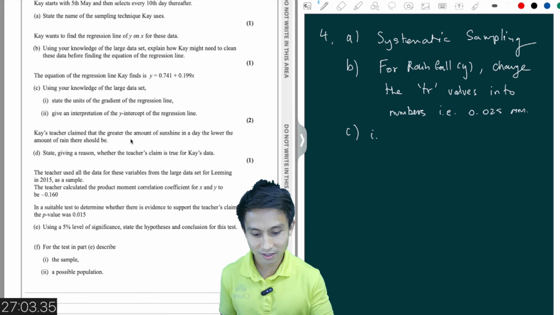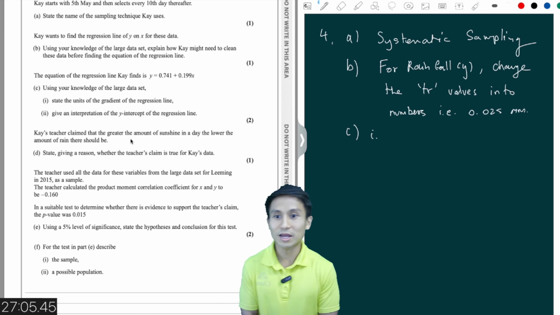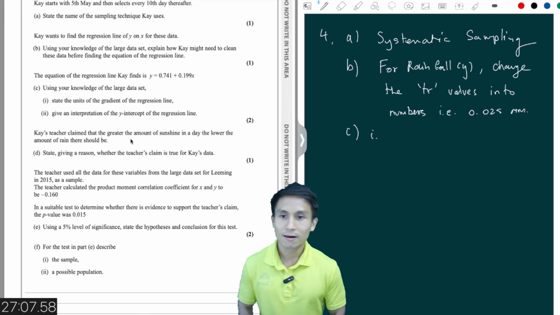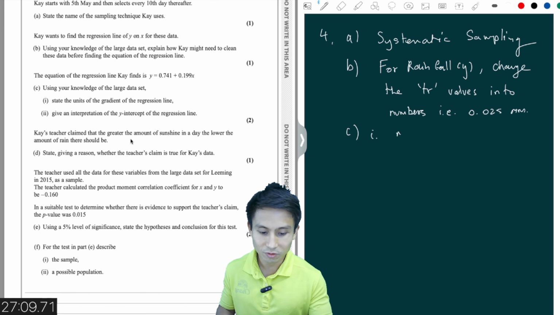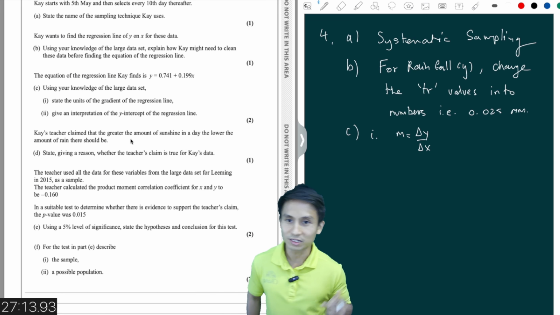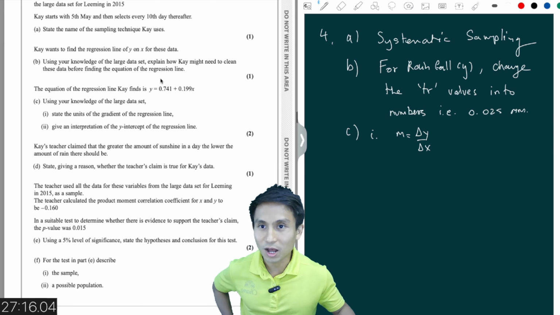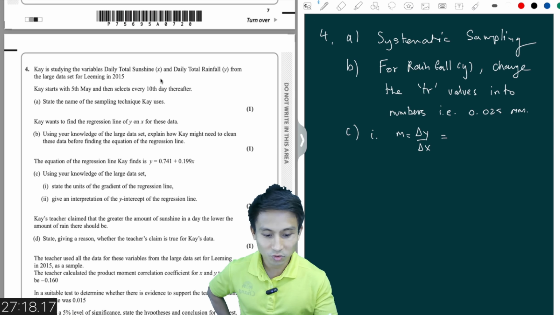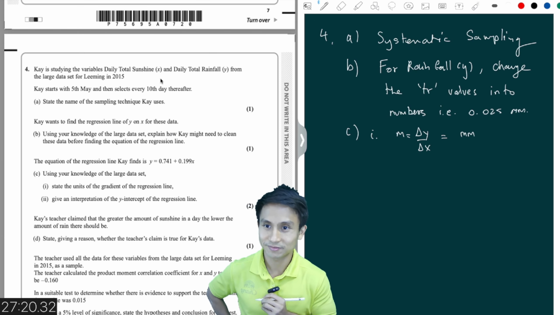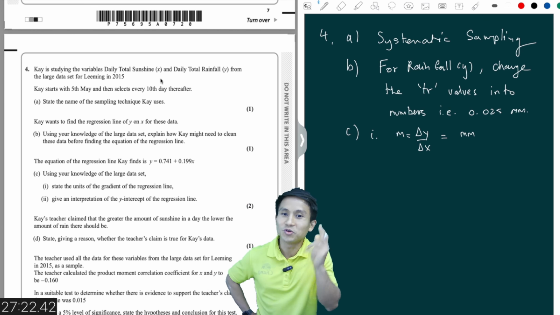Part I, state the units of the gradient of the regression line. Okay, so the gradient is delta y over delta x. That's the gradient of a linear equation. The delta y is the rainfall, so it would be millimeters. It's basically asking you the unit here.